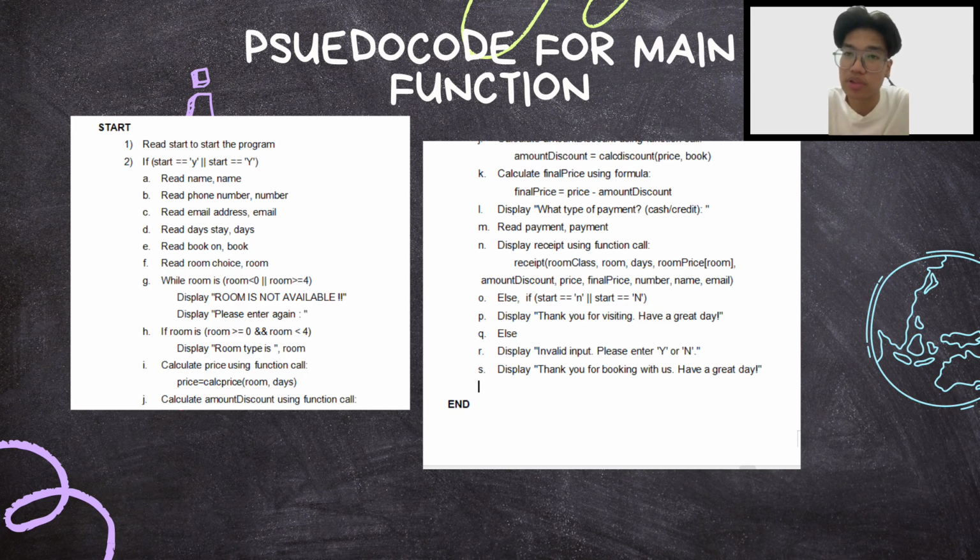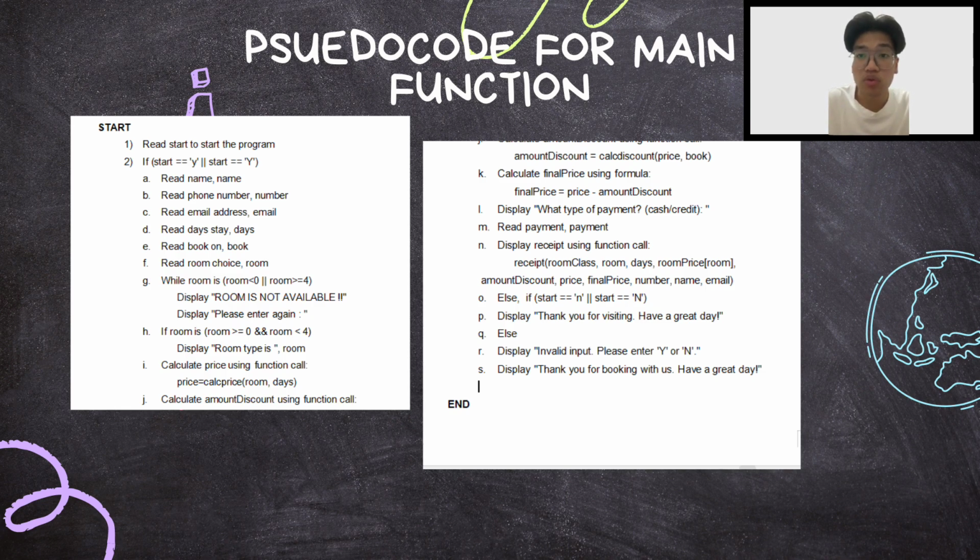What is our choice of the room? And while room is less than 0 or room is greater than or equal to 4, it will display that the room is not available, and please enter again.